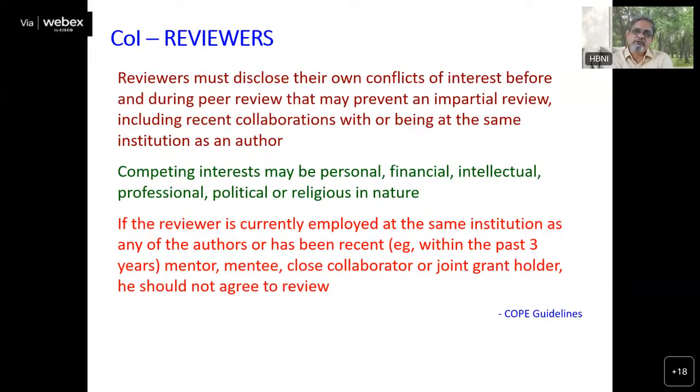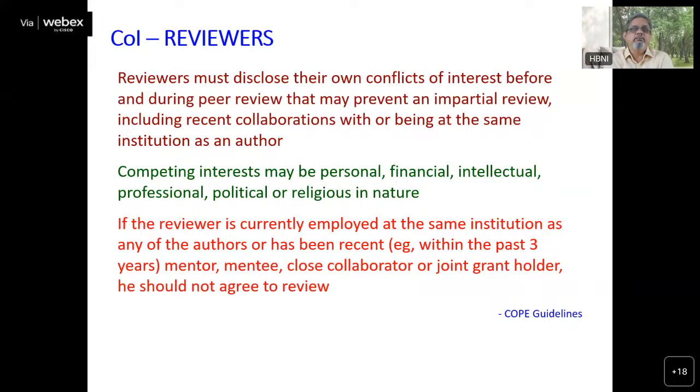Again, reviewers are also scientists in their own right, experts. So they must disclose their conflicts of interest before a peer review process, during it, and even sometimes after it, so that it can prevent a partial review.